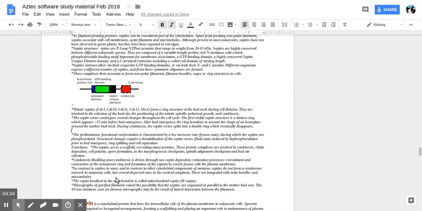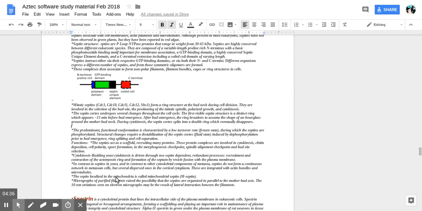So cytokinesis, in yeast, when you have budding, it's driven by septins, and it recruits and uses actomyosin as well in a ring formation to help with the contracting.